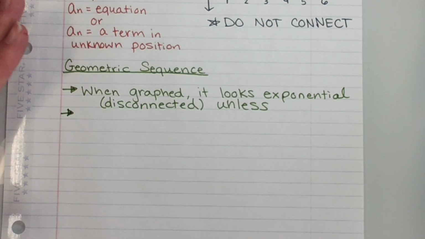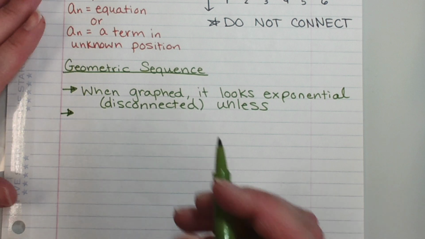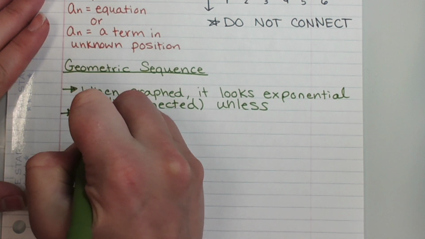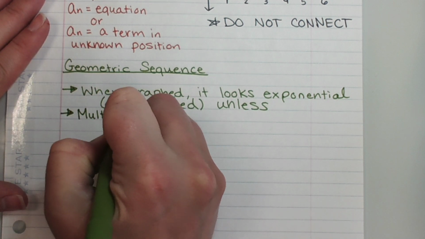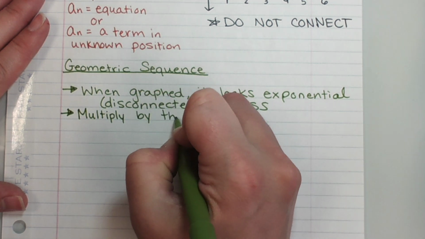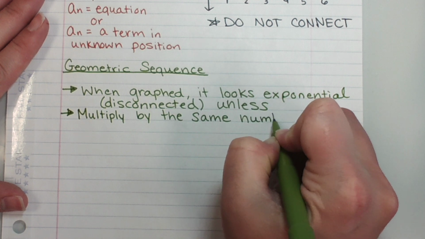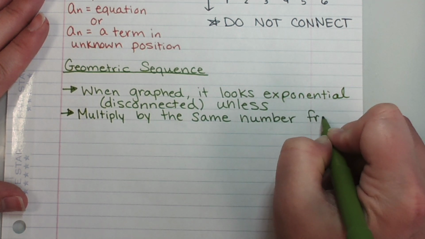Now, what actually makes something geometric is not the fact that the graph looks exponential. It's a feature of geometric, but that's not what makes it. What makes something geometric is that you're multiplying by the same number from term to term.